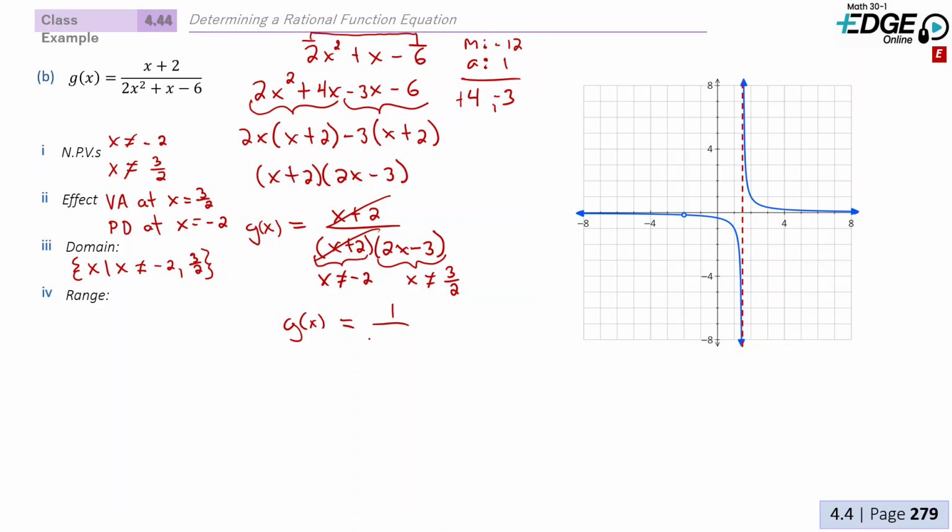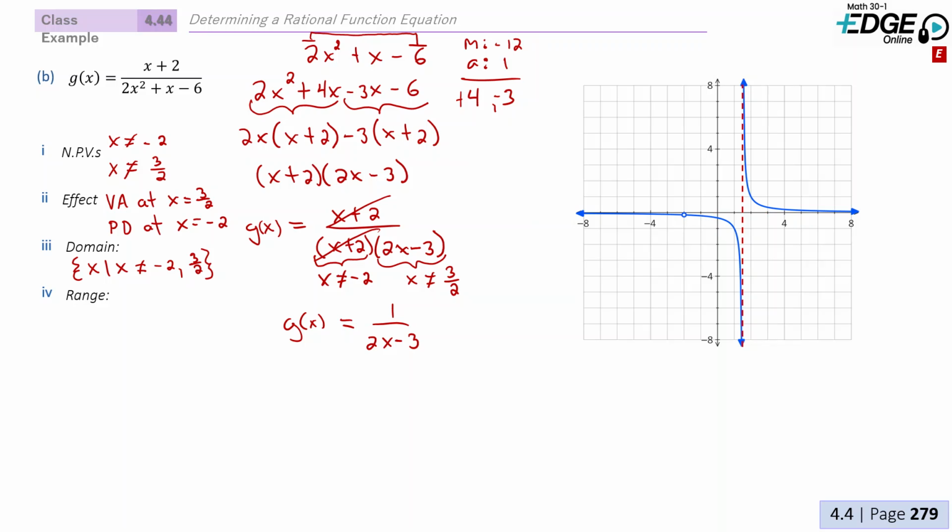It would have been 1 over 2x minus 3. So that's just going to be a graph that's shifted from the origin over 3 over 2 to the right, because that's our new asymptote. And then we also just know that we have a hole at x is equal to negative 2.